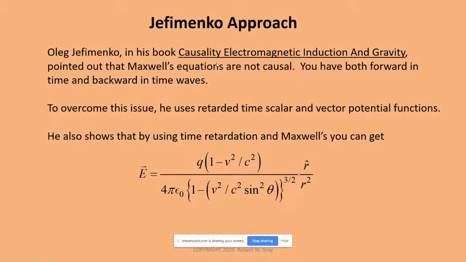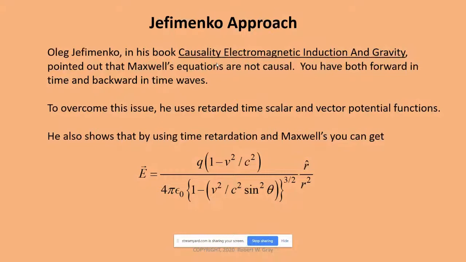So I've been reading recently Jefimenko's work, particularly his book Causality, Electromagnetic Induction, Gravity, and some others. And he points out another issue with Maxwell's equations in that they are not causal equations. You can have a cause precede an effect, which is weird. It's like going backwards in time, time traveling wave functions and so forth.